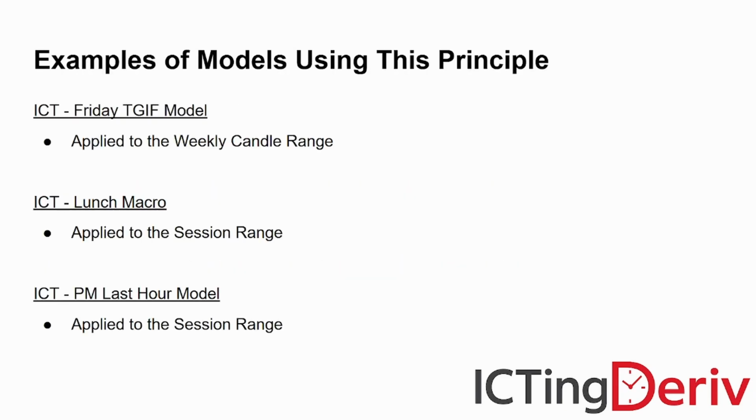So where do you find examples of models using this principle, right? When you have gone through Michael J. Huddleston's or ICT, when you go to his library, you realize what he's actually doing is taking you into those different cycles and how to trade each one.